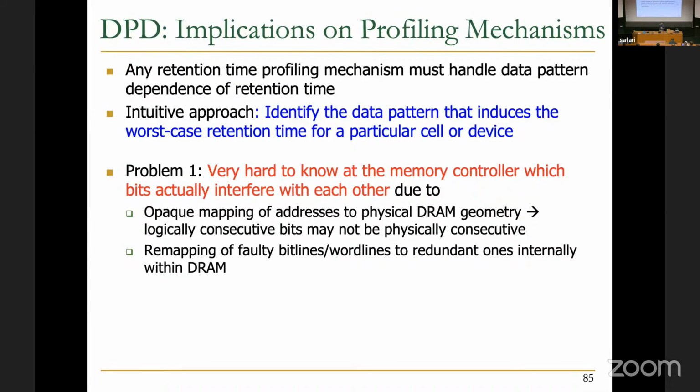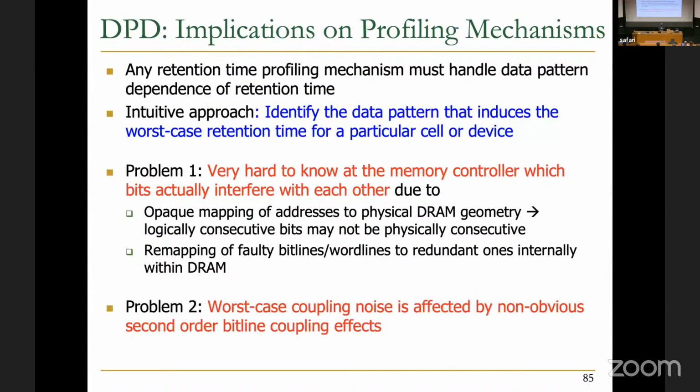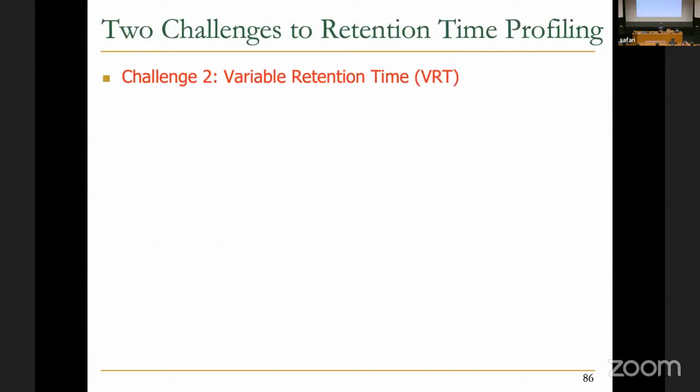So some rows and columns are moved in the post-manufacturing testing phase, which complicates things a little bit more. Also, worst-case coupling noise is affected by non-obvious second-order bit-line coupling effects. So there are many types of noise in this circuitry.